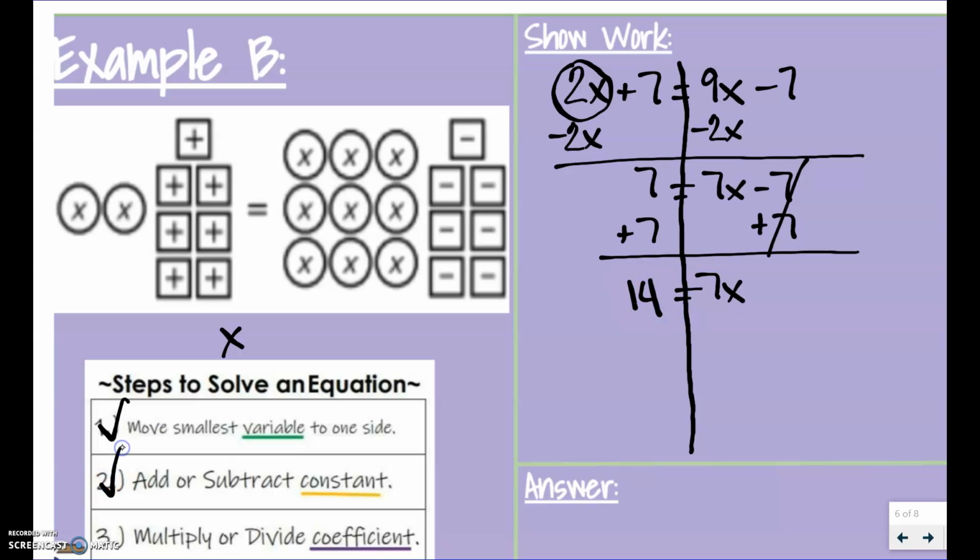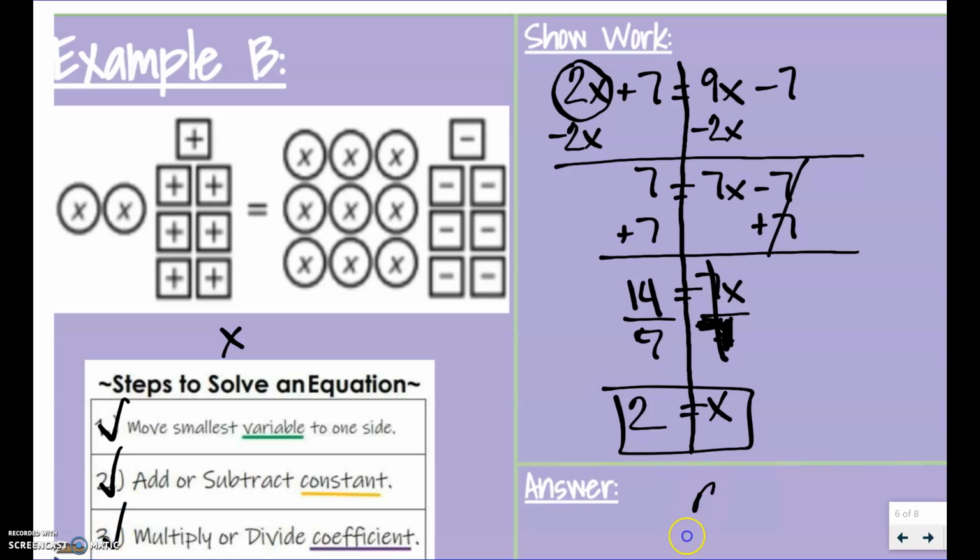Step 2 is done. Now I'm going to divide by my coefficient, which is 7 and not 4. Sorry. Okay. This cancels. X is equal to 2. Step 3 is done. X is equal to 2.